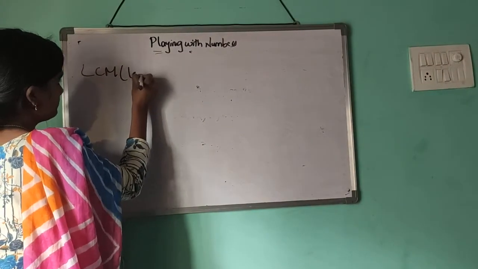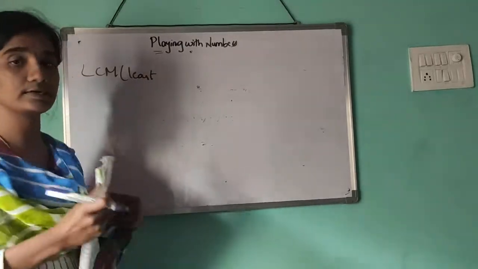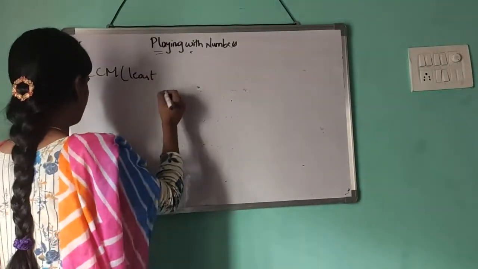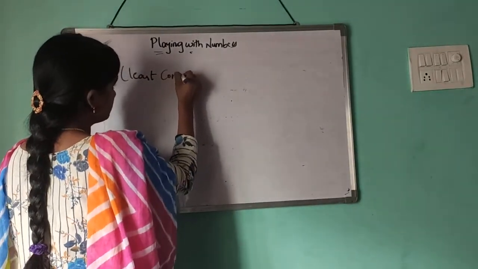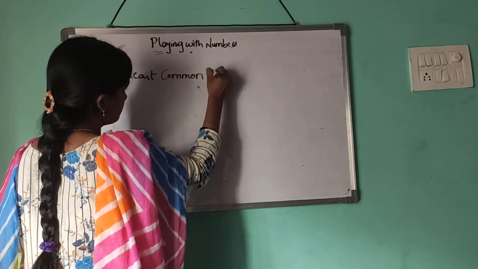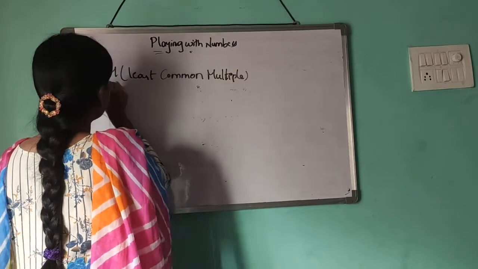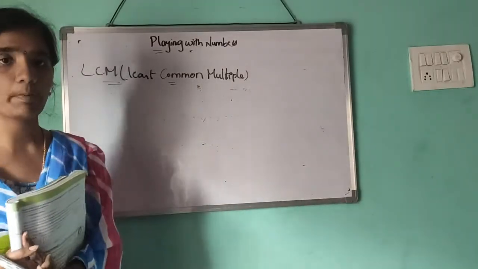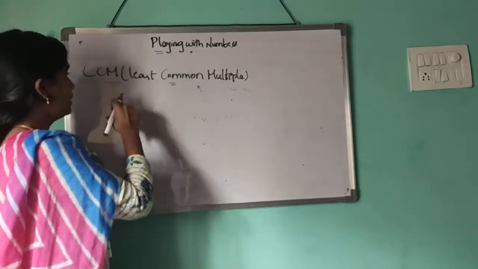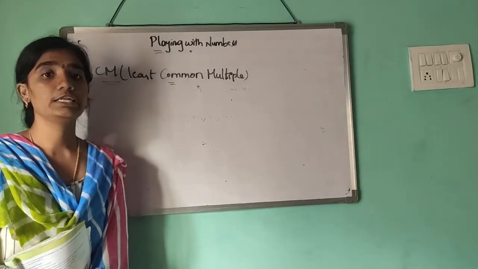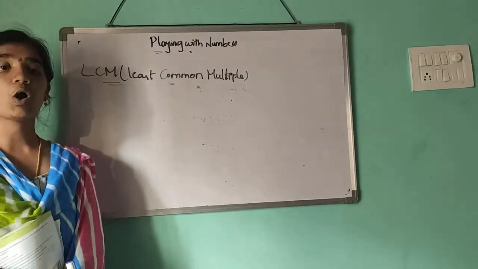What is LCM? Least common multiple. LCM means the least common multiple among all the given numbers.